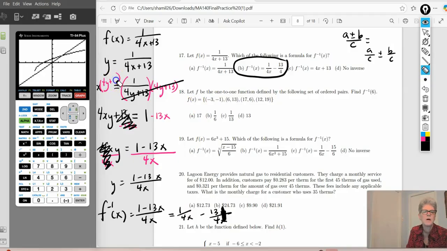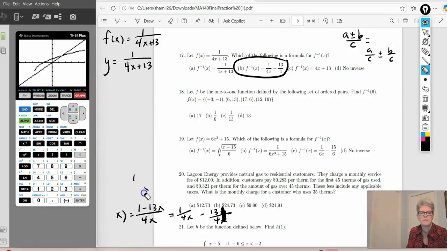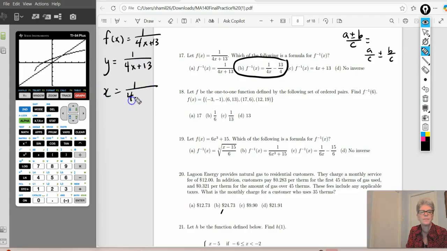No. Let's see. The step here is to swap x and y. Now, what I could have done here was I could have flipped both sides, take reciprocals of both sides.